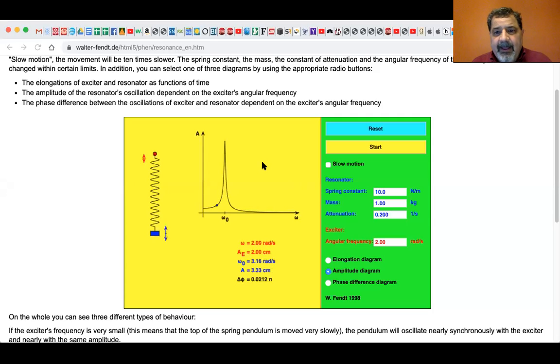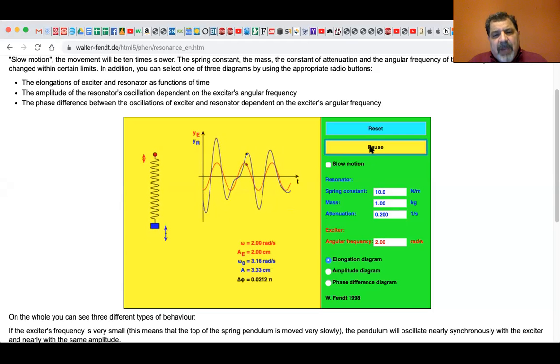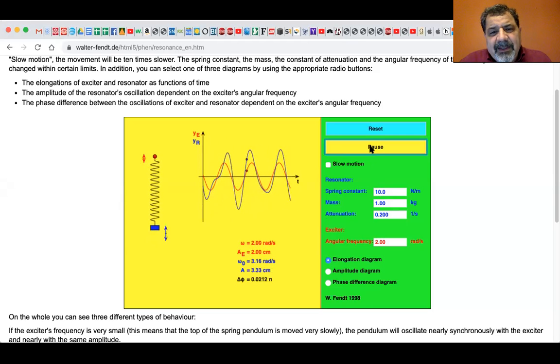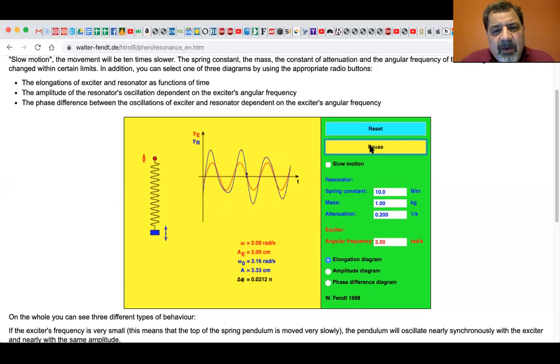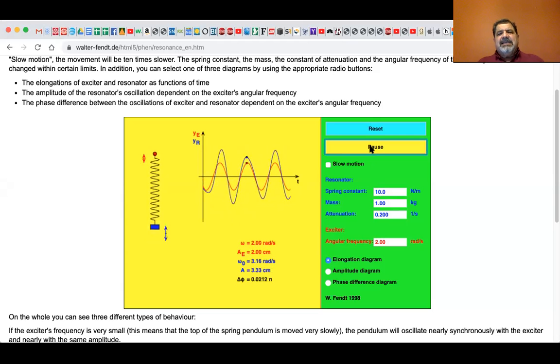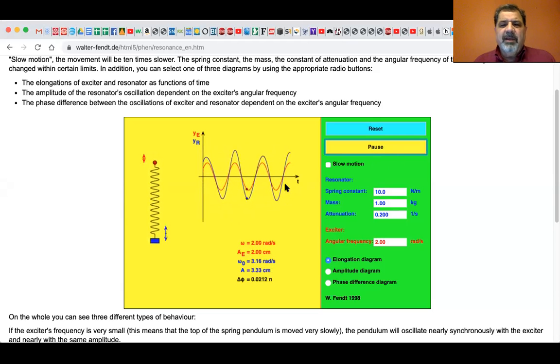Oops. Let's go to Walter Fendt, our old friend, and I'm going to change this to the elongation diagram, and let's start this. And you can see that if you look at the blue diagram, it has a hard time getting the timing going, and then it finally does settle down, but it has a hard time going.